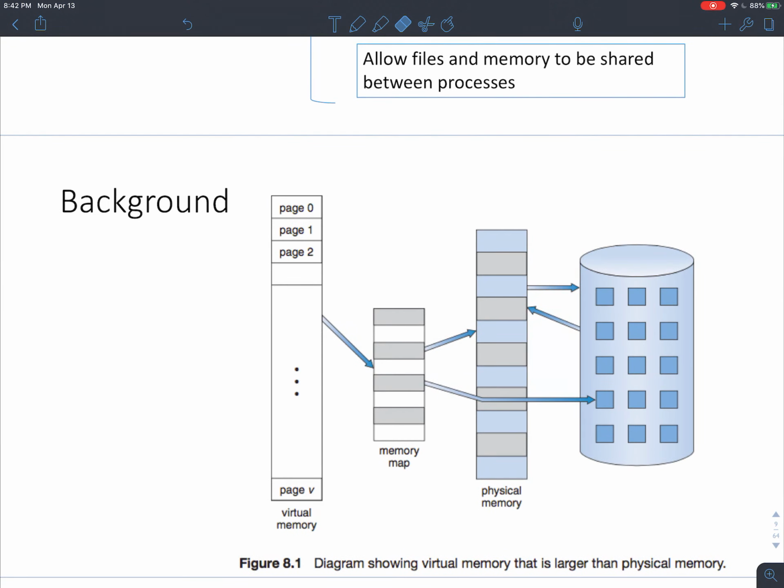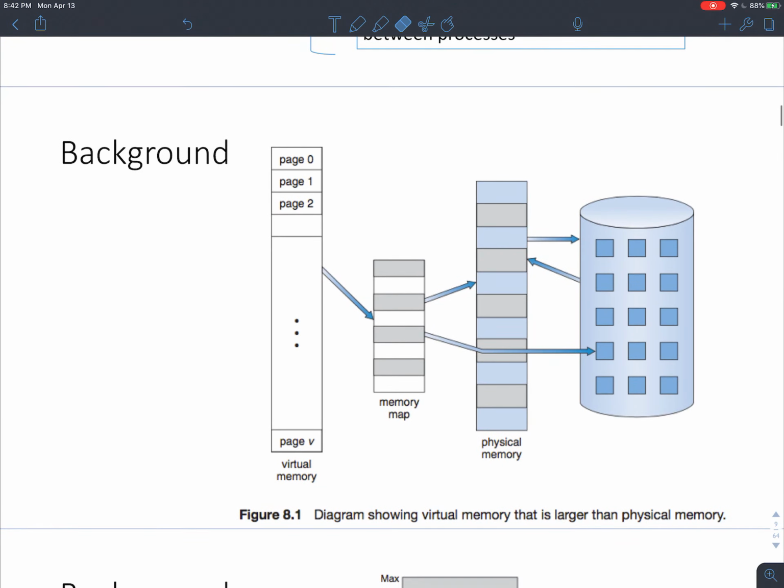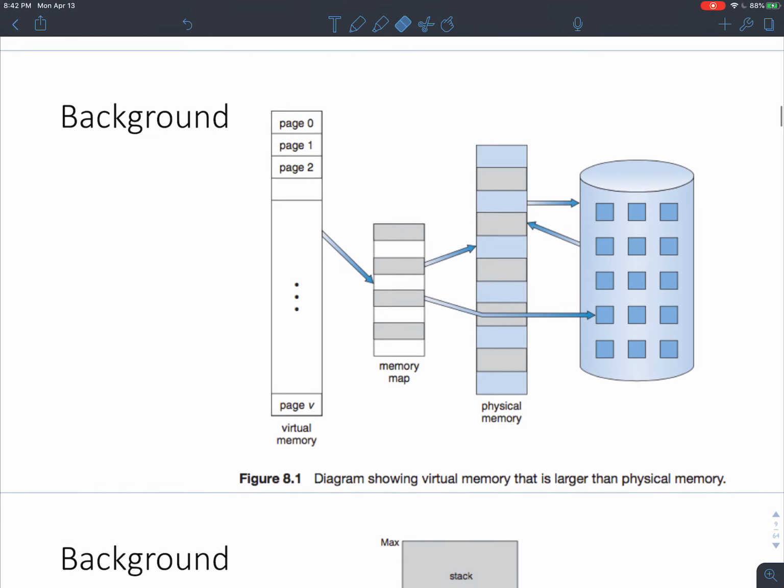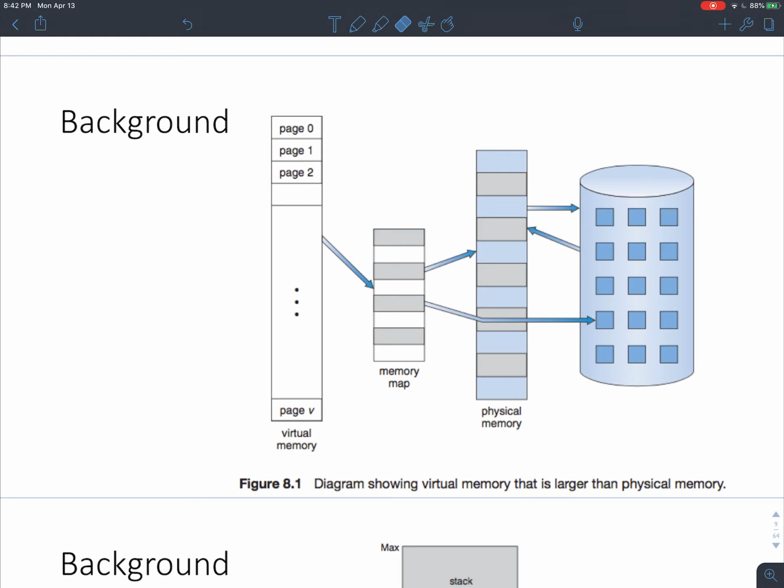So this is some background knowledge. Also, this figure is relatively important. On the left hand side, we have the virtual memory space of a process. This virtual memory space can be very large, and it depends on what kind of operating system you are running.